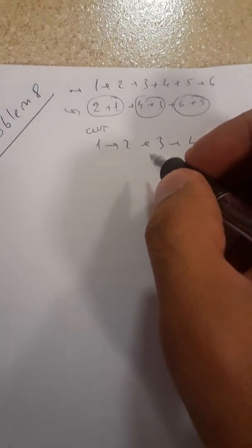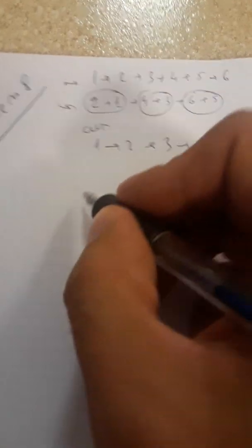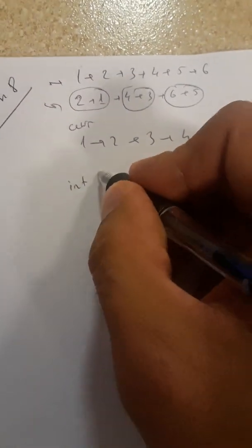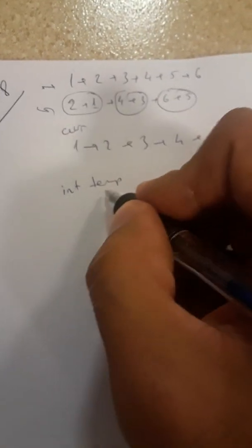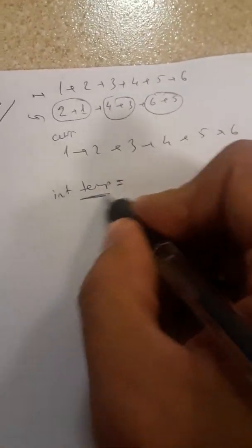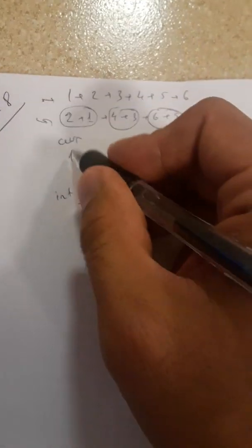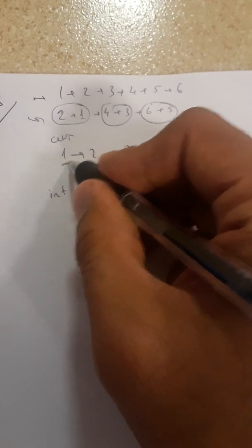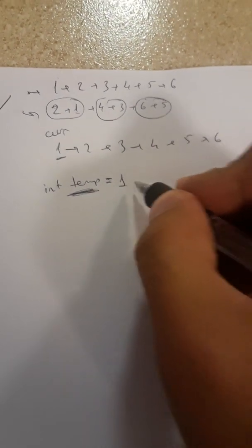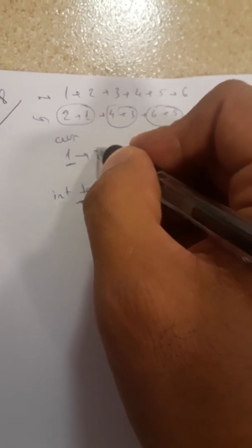Then we'll define another variable, an integer temporary, because we're considering that all elements in the linked list will be integers. That's why we will be using a variable for storing an integer, and each time we will be taking the value from the current node and storing it in our integer variable. Then we will just take and copy the value from the next node.